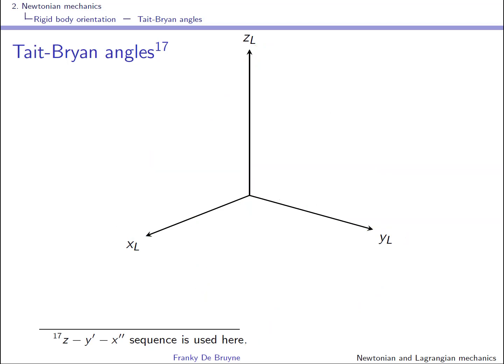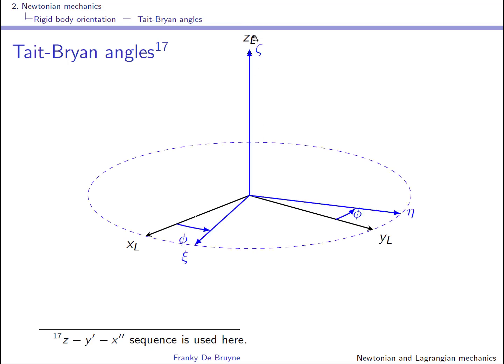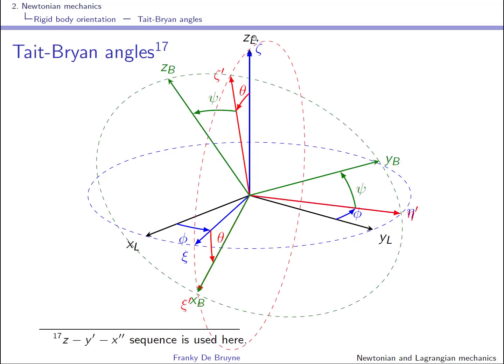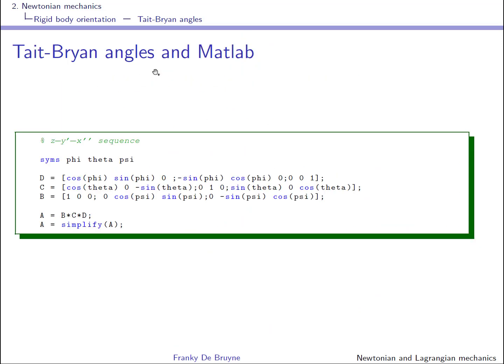And to transform the z-axis here in the local frame to the z-axis in the body frame, well, you do need to do all 3 transformations, right? To go from this one to this one, you simply need to do the product of the 3 matrices, and this is using the A matrix.